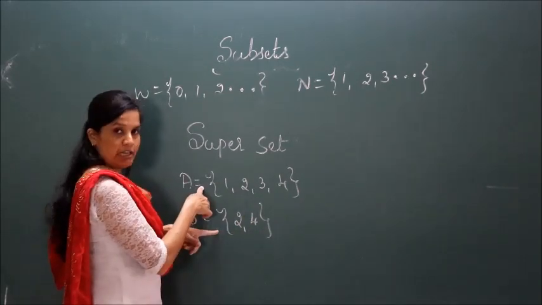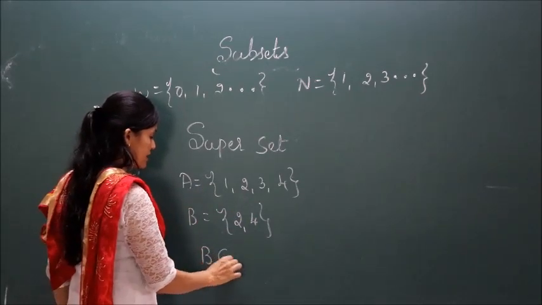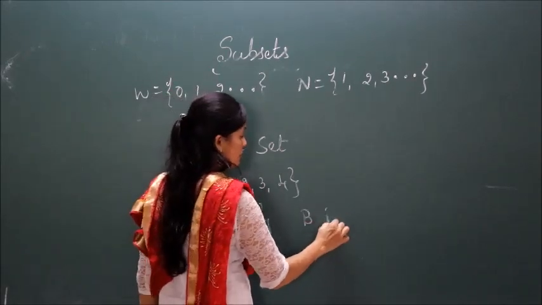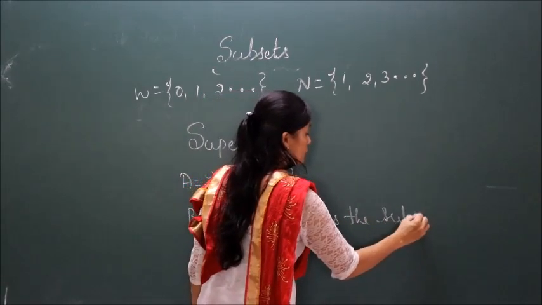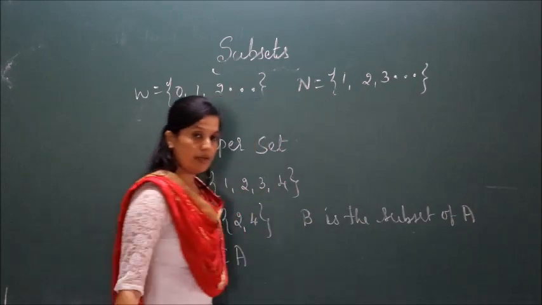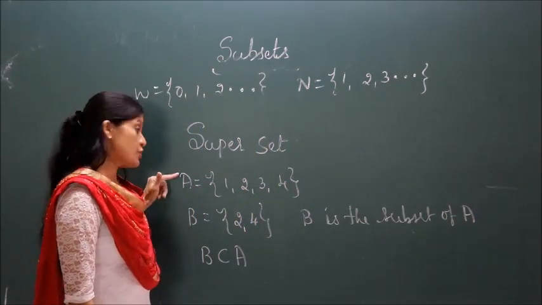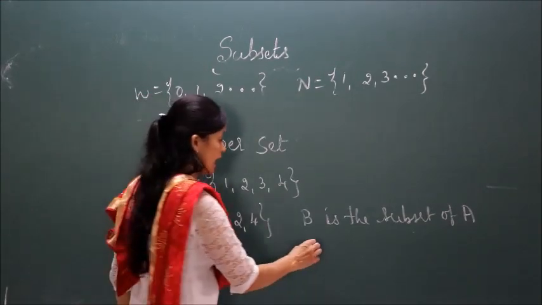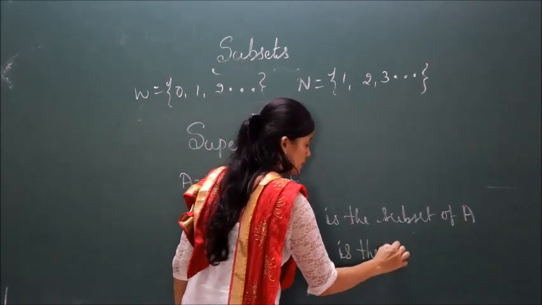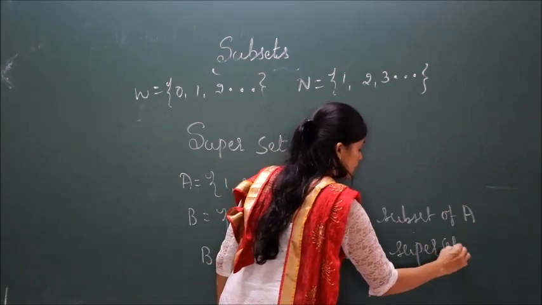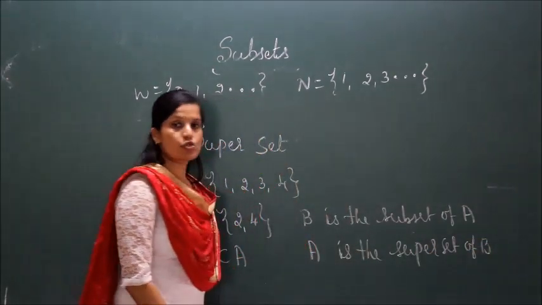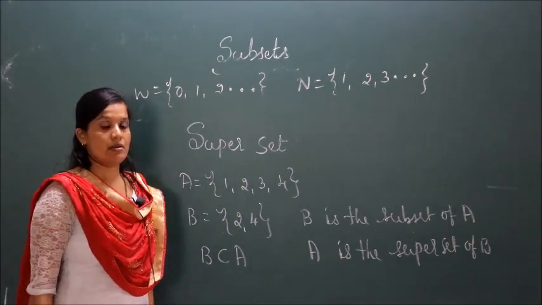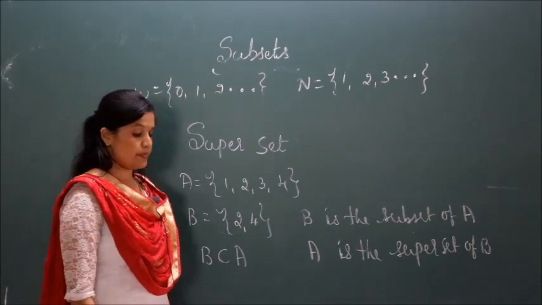Now set B is contained in A, or B is the subset of A. And A is called the superset of B, because A contains the elements of B. A is the superset of B. So any set which contains the elements of another set is called a superset.